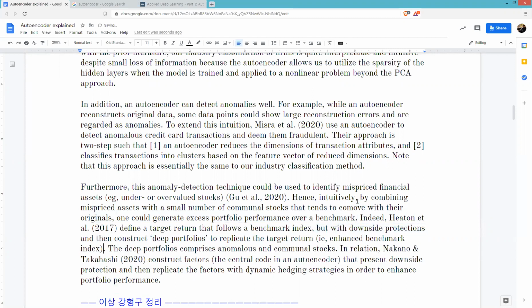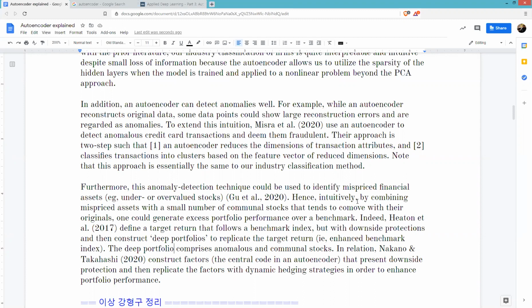The deep portfolio comprises anomalous and communal stocks. In relation, Nakano and Takahashi 2020 construct factors.